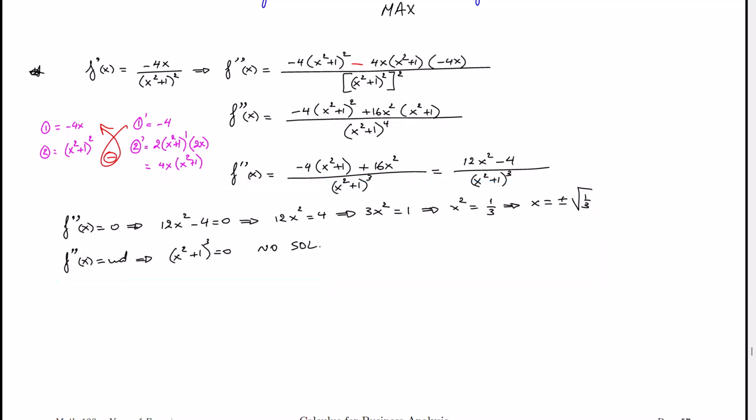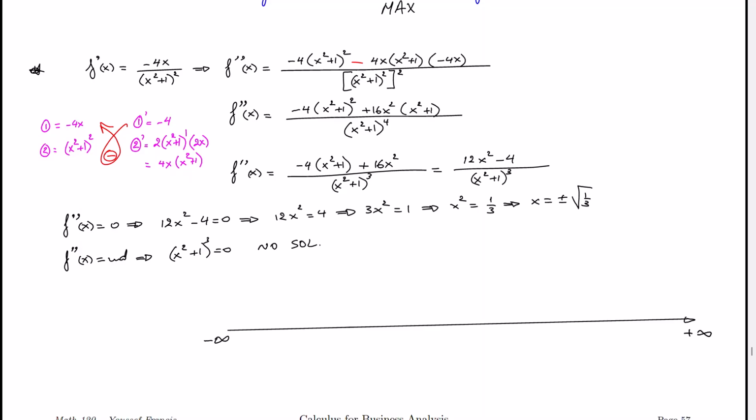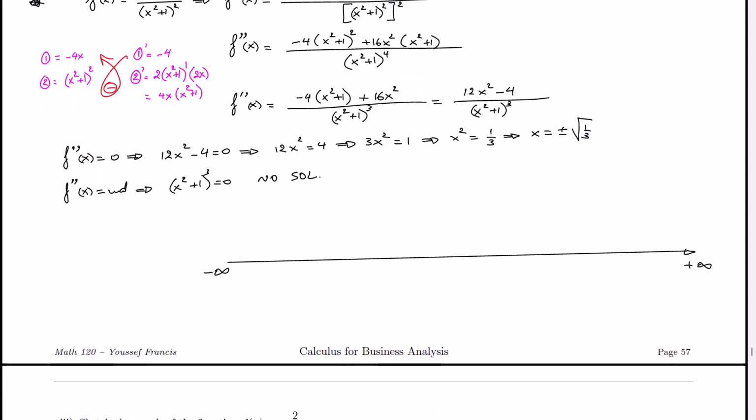So let's go ahead and draw the number line now and figure out whether the function is concave up or down and whether we have inflection points or not. So the only critical numbers are the square root of 1/3 and the negative version of that.